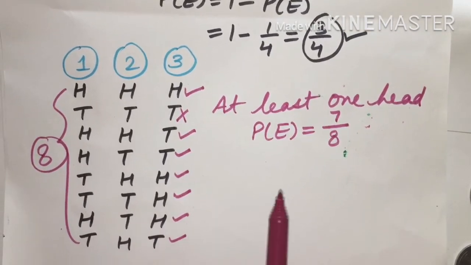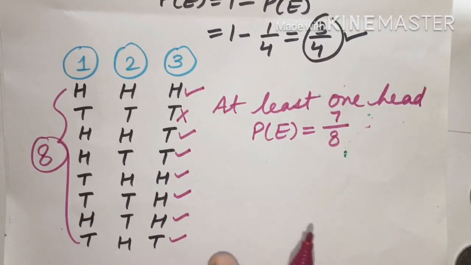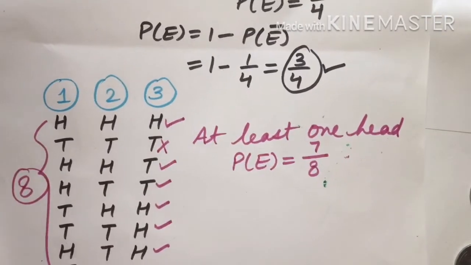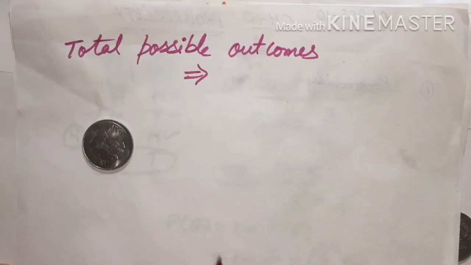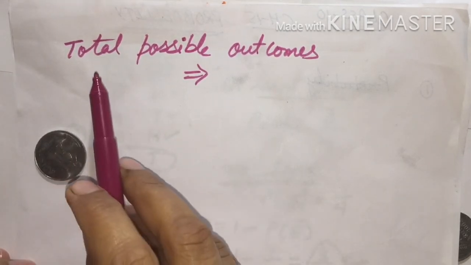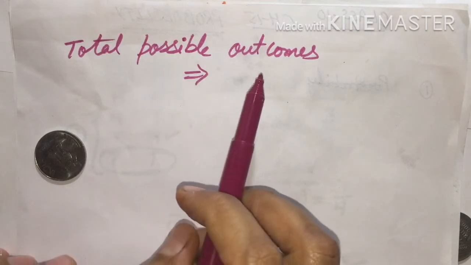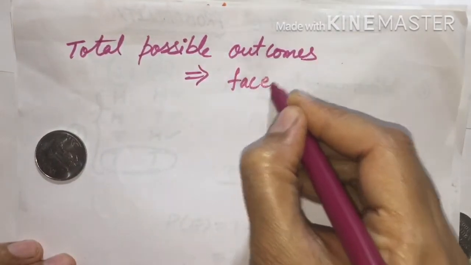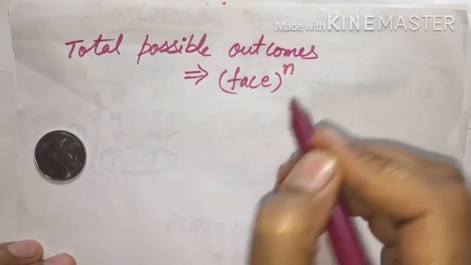So in this case we can find out the total possible cases for the 2 coins also, for the 3 coins also. One magical formula I want to discuss with you: when we want to find out total possible outcomes, we can apply this formula, faces raised to the power n.